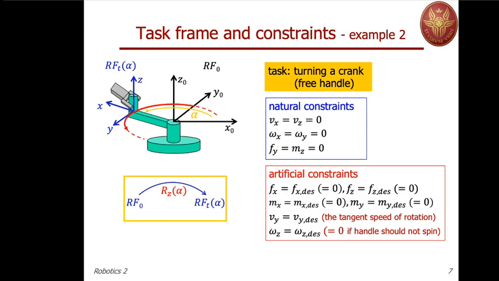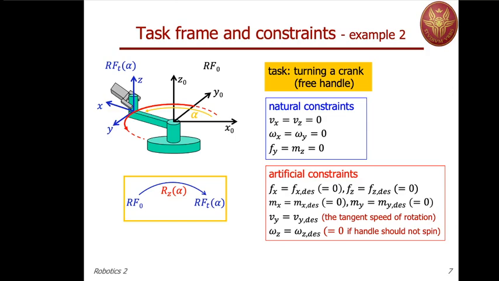So while we're moving around, there will be one side of the handle which will always be exposed toward the center of the crank. This means omega z equal to 0, indeed, because it will move together with the task frame.